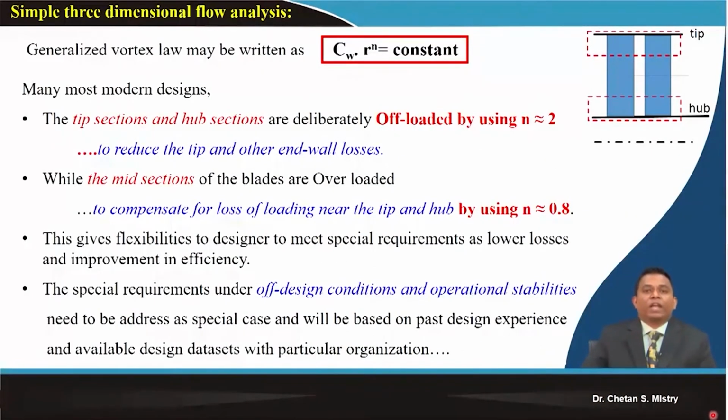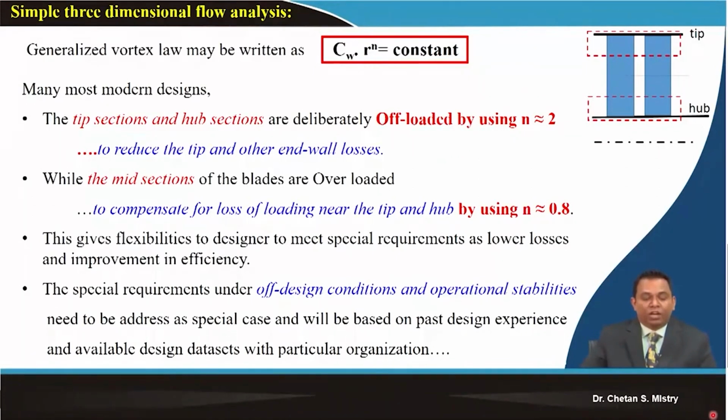If we consider vortex flow, that is Cw into r to the power n equal to constant. For most modern designs, people change the load distribution at the mid span, and the load distribution at the tip and near the hub region.